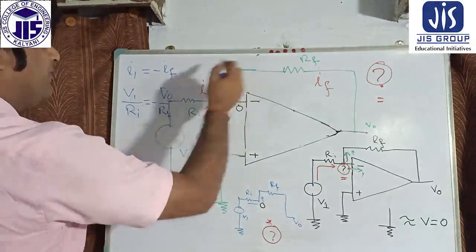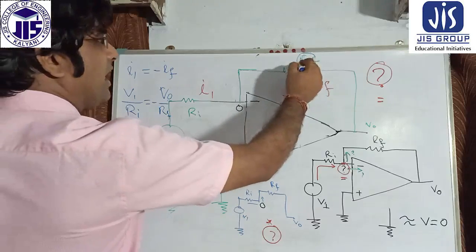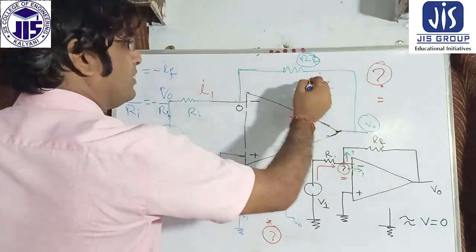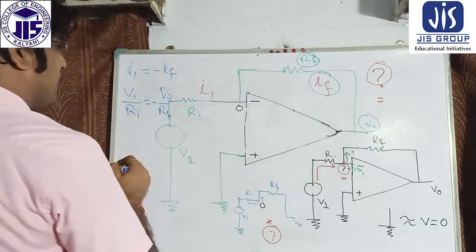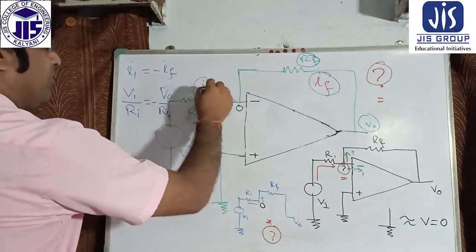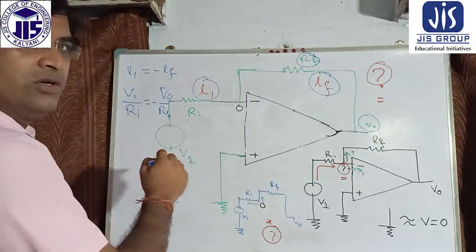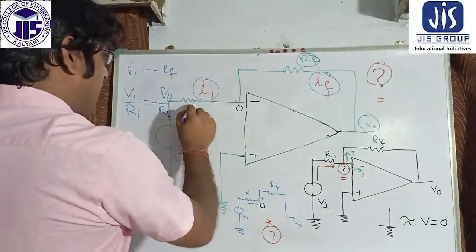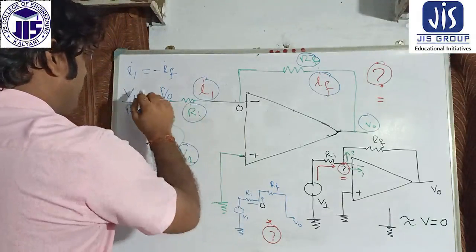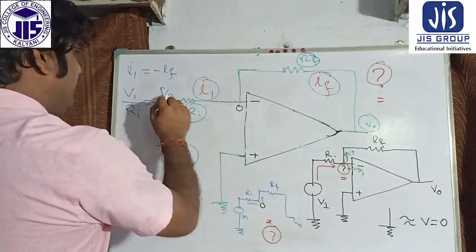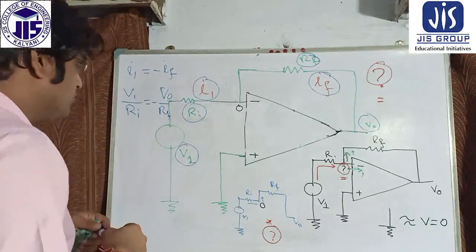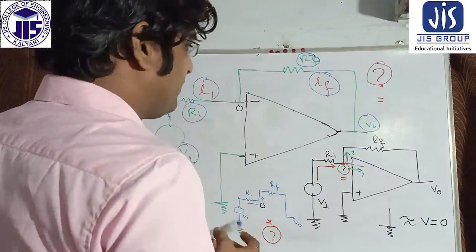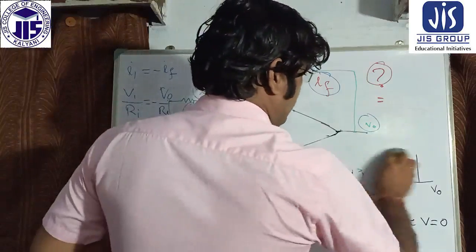This is IF, because this is RF and this is V0. So I am calculating IF here, and I1 here. For I1, the voltage is V1 and the resistance is RI. So V1 by R1, and V0 by RF. Using that we can represent it this way.